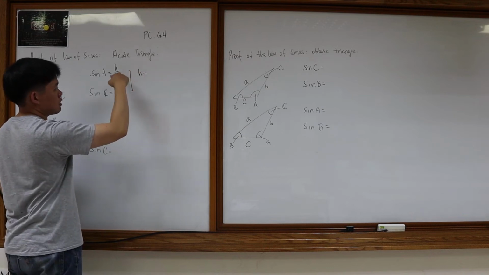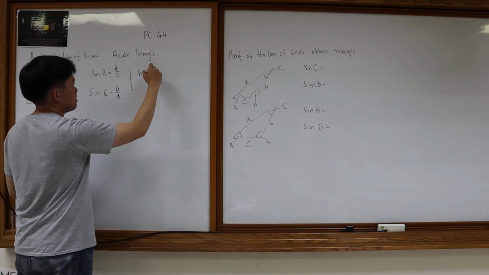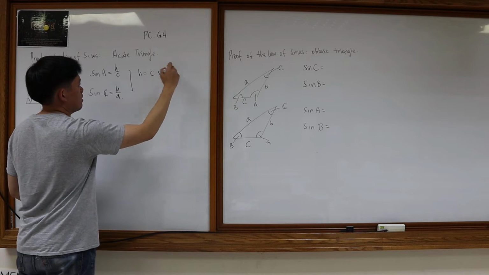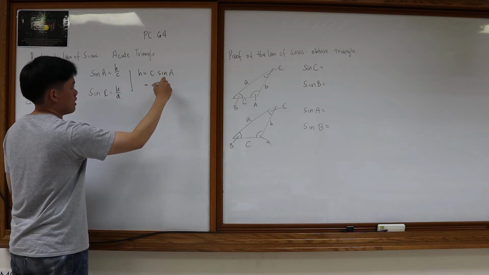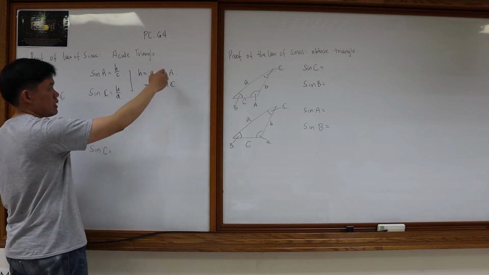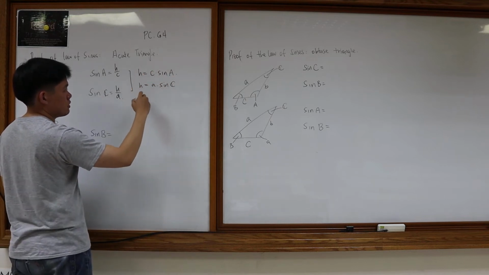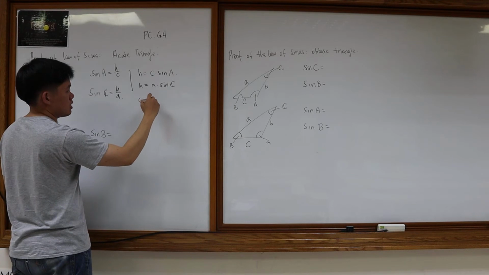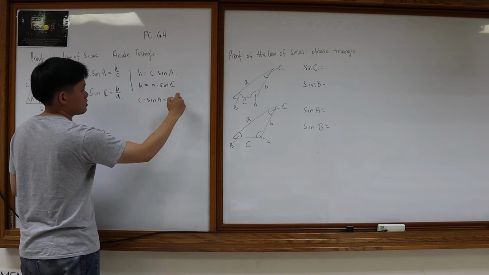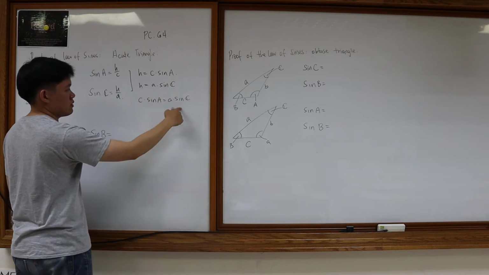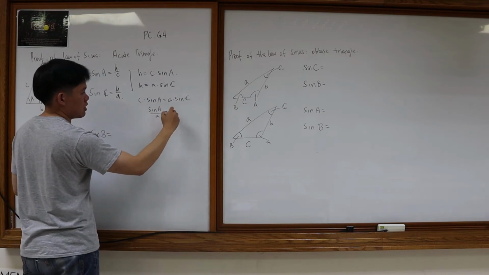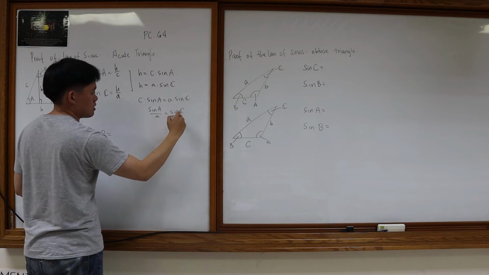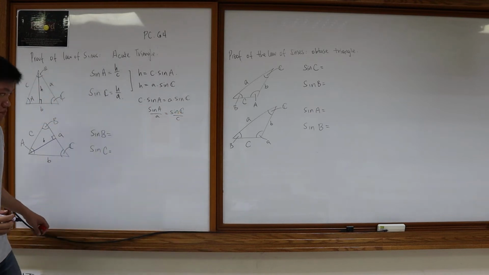H in this case is equal to C times sine A. And then this one here is equal to A times sine of C. Okay, if you combine these together, H is equal to H, we end up with C times sine of A is equal to A times sine of C. So if you move everything over, you end up with sine of A over A is equal to sine of C over C. So this is part one of the proof.